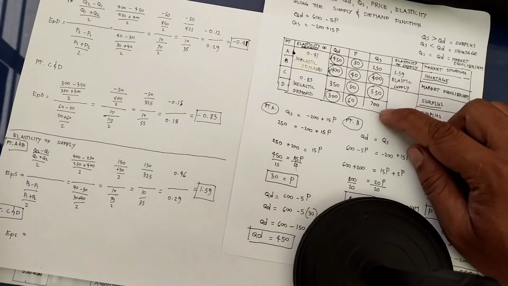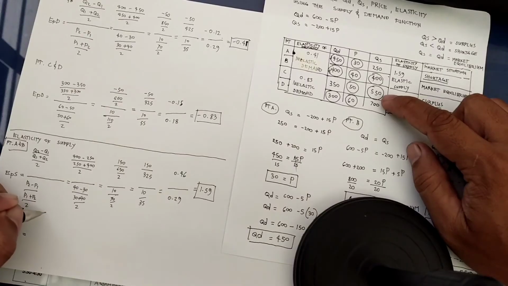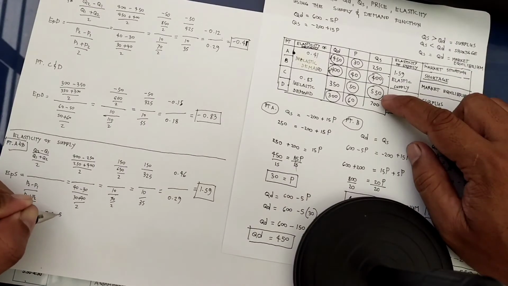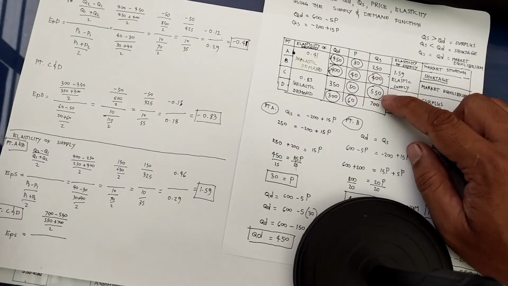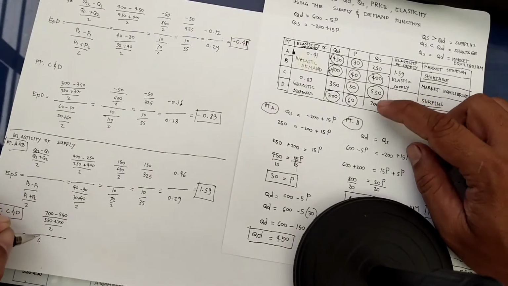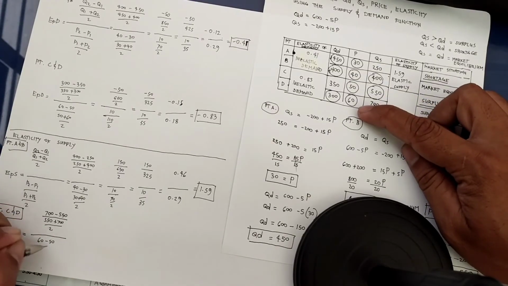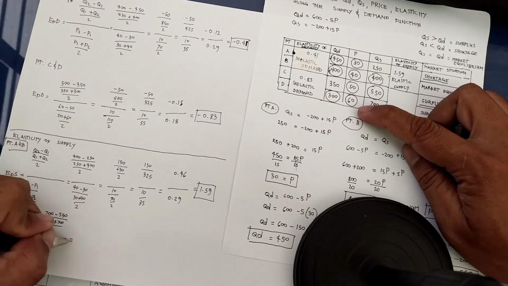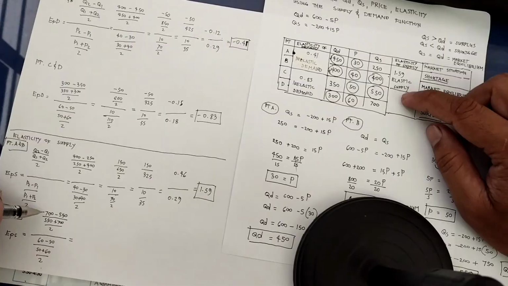That would be 700 minus 550 over 550 plus 700 over 2, divided by 60 minus 50 over 50 plus 60 over 2.